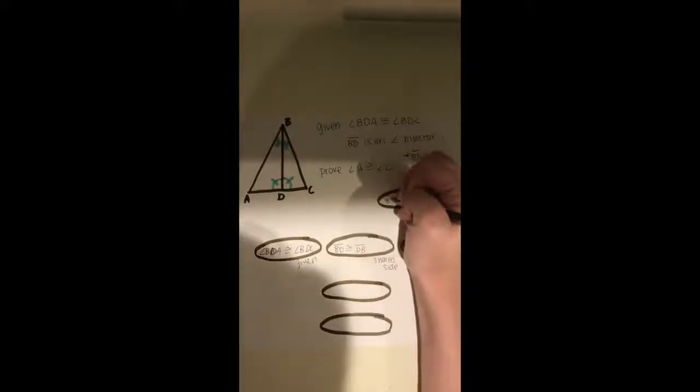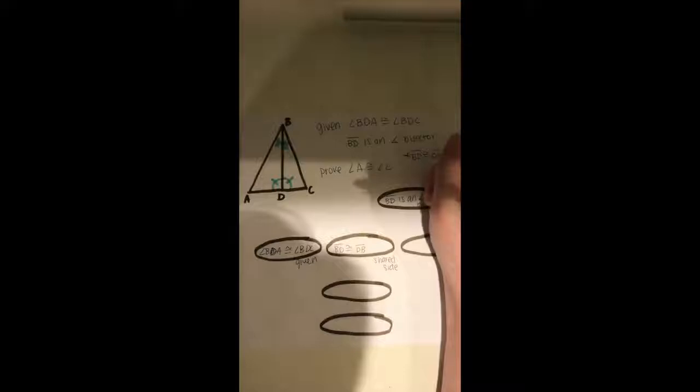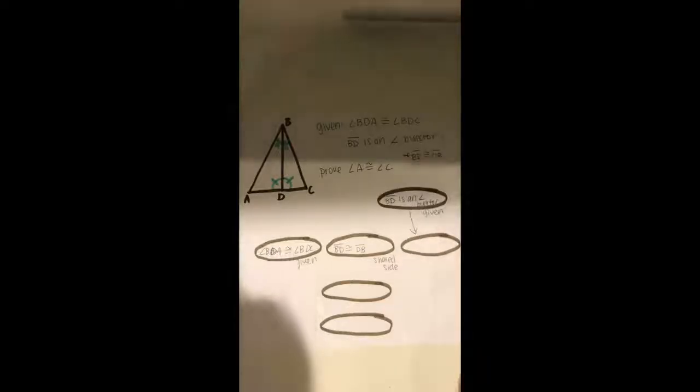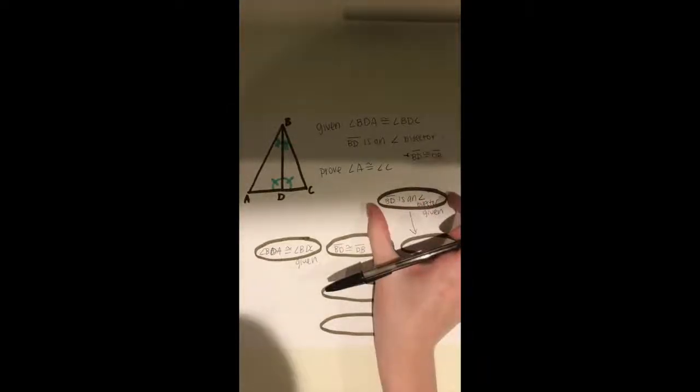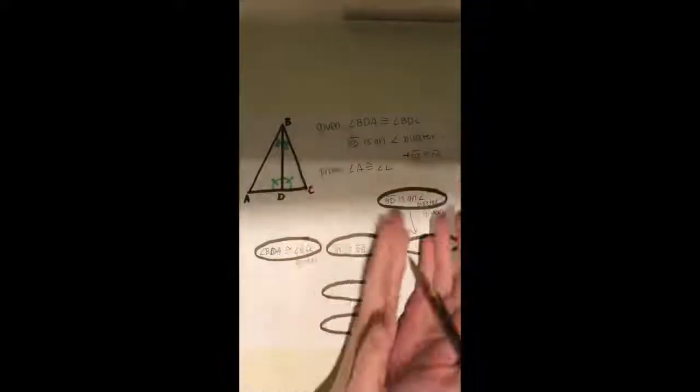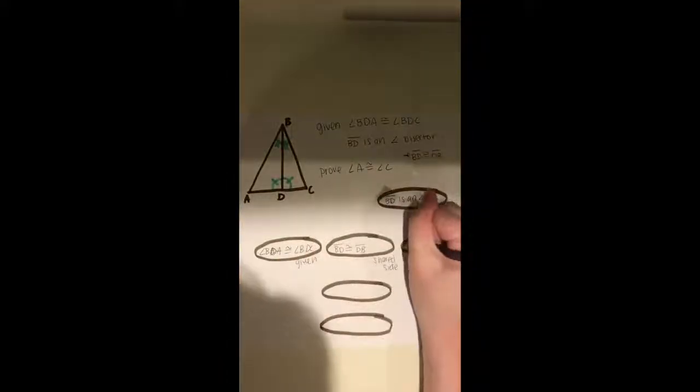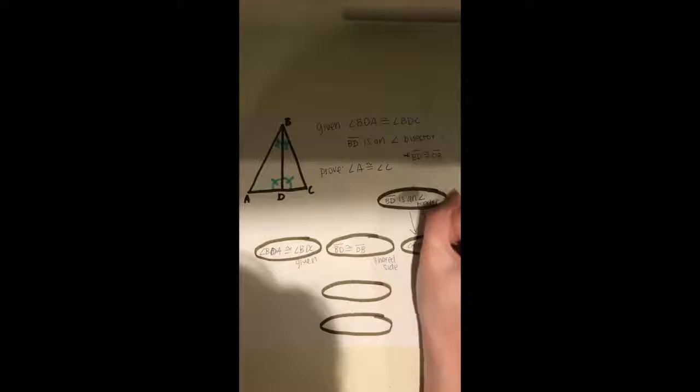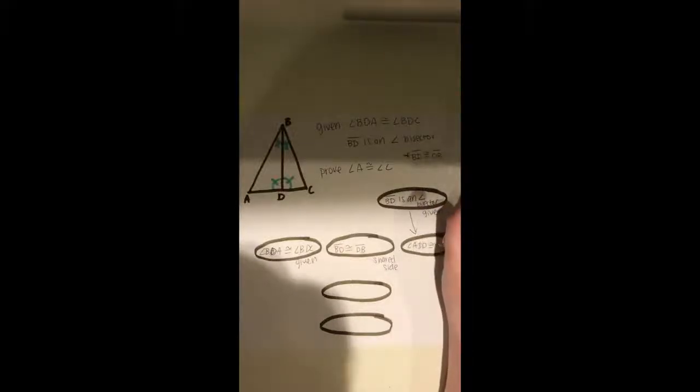So right here you can say that line BD is an angle bisector, and that's given to us. This is a reason, and we can conclude from that reason that angle ABD is congruent to angle CBD.